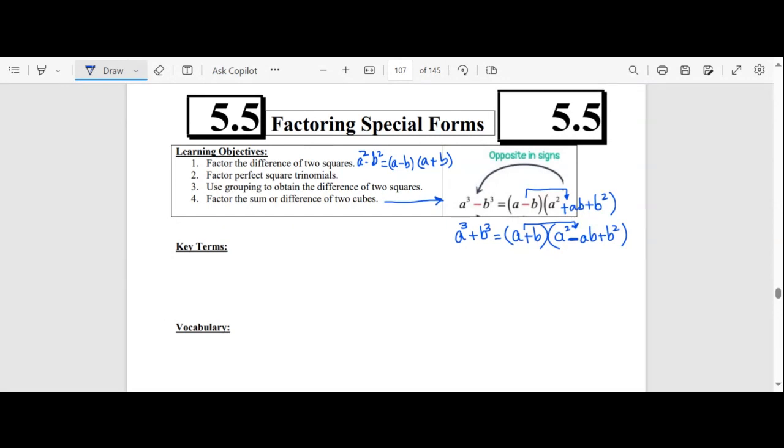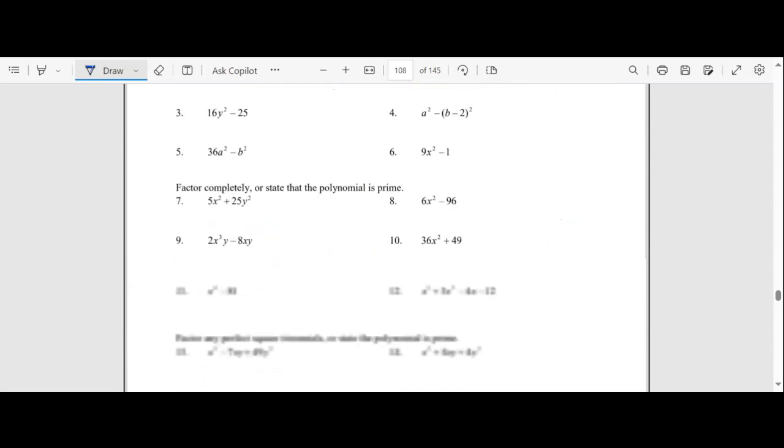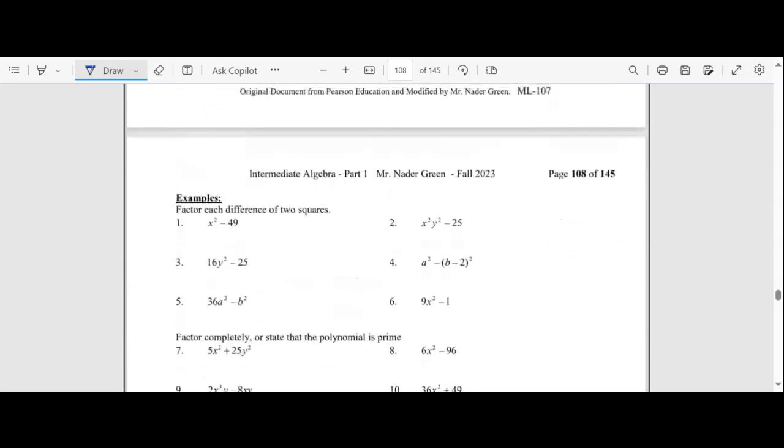Let us go to the first example, which is factor each difference of two squares. I'll leave the file in the Blackboard so you can copy the formulas.